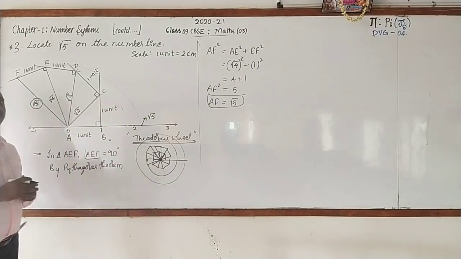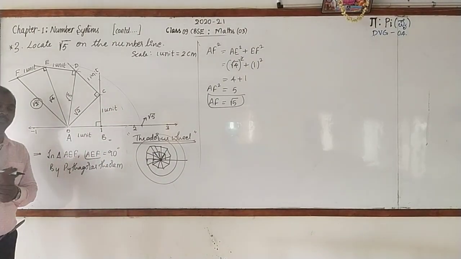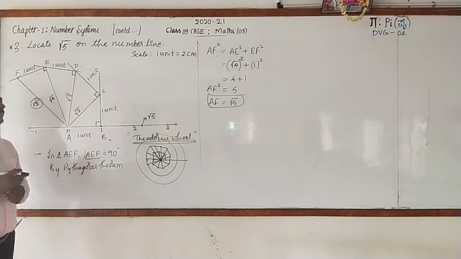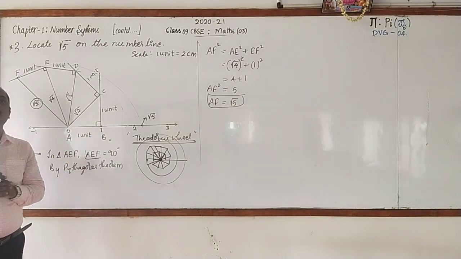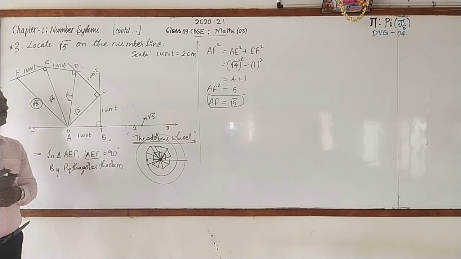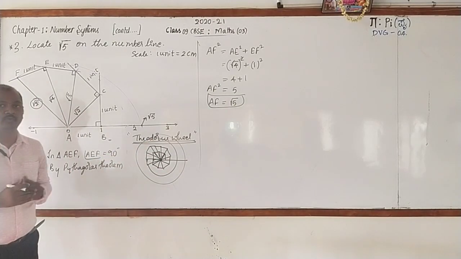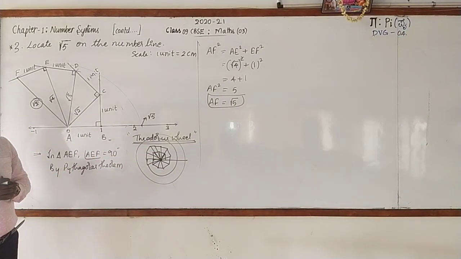You can try that in taking a separate sheet of paper. Just you may continue to construct like this up to root 12, root 13 like this, so that you can come to know how this Theodorus wheel will be.